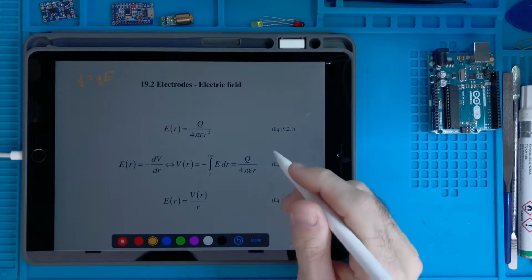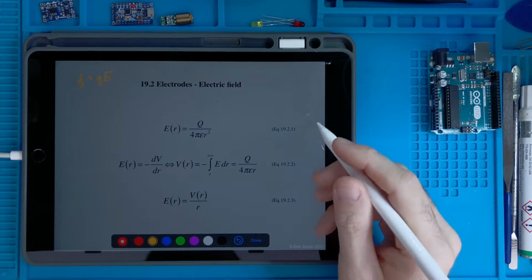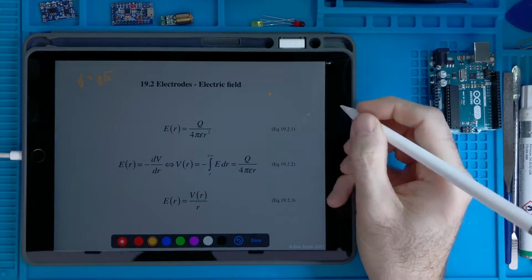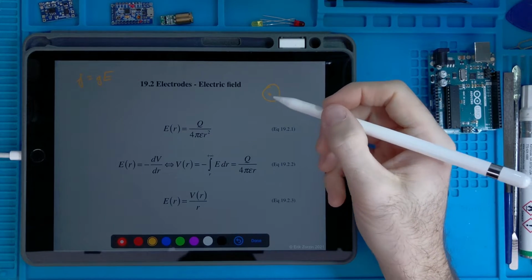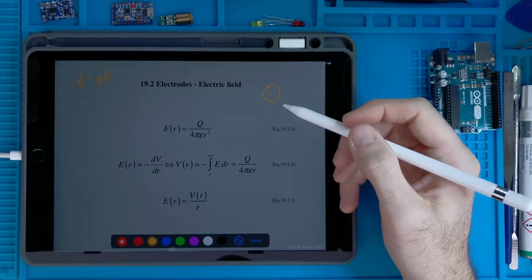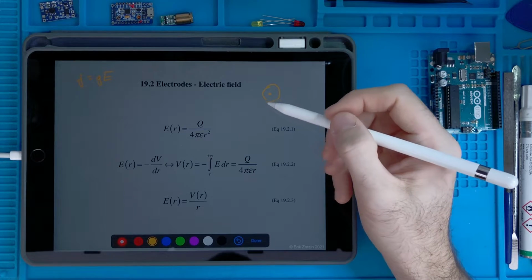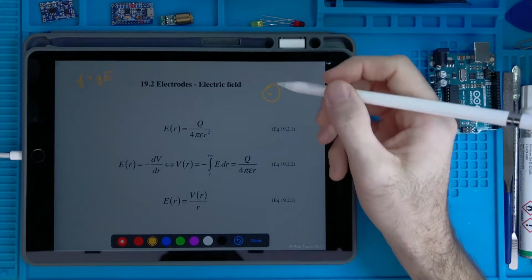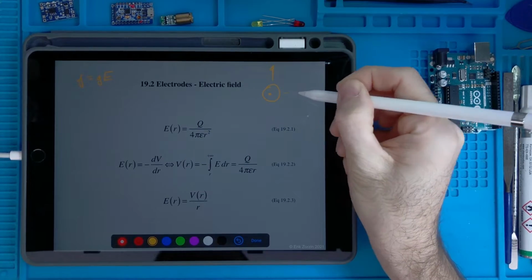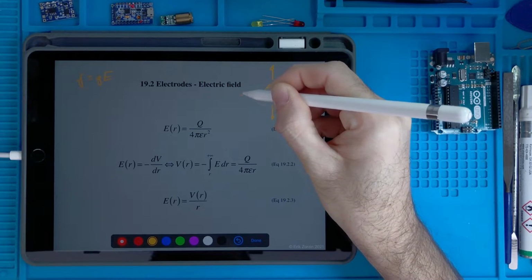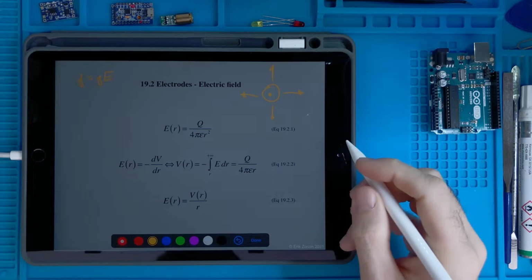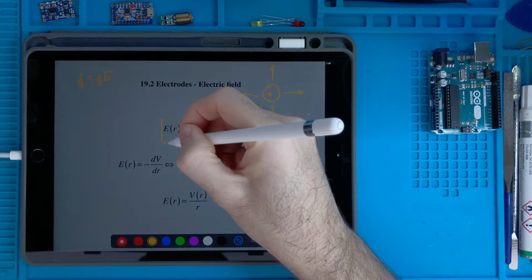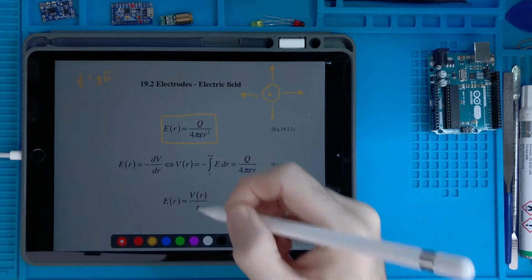And in a simple case where you have a point charge or a spherical charge, meaning a charge which has been put on a sphere, by the symmetry of the problem, which has a sort of central symmetry, we can easily write the electric field like this.